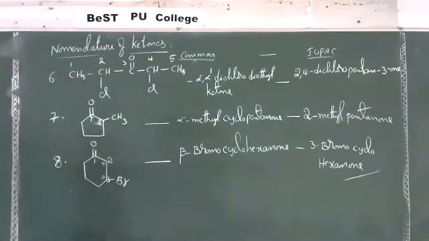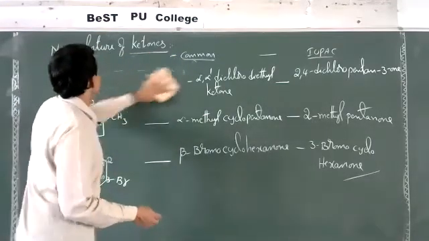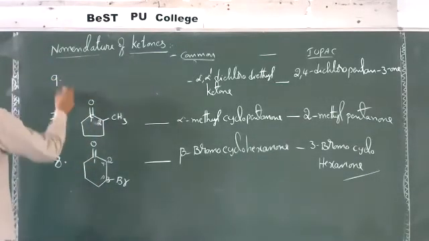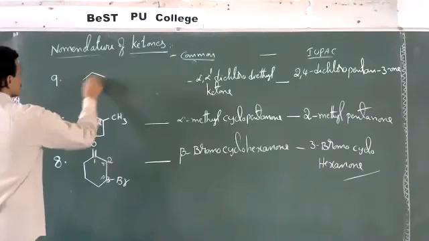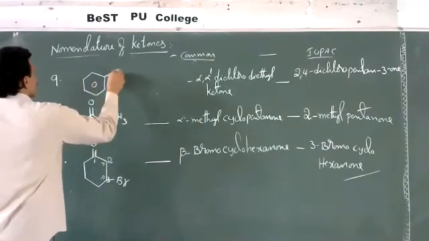Right. This is regarding nomenclature of closed chain compounds, that is aliphatic cyclic compounds. Okay. Now let us take some other examples. Aromatic ketones.